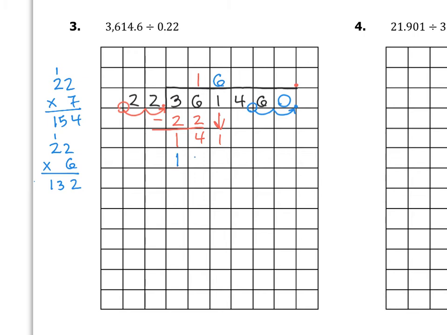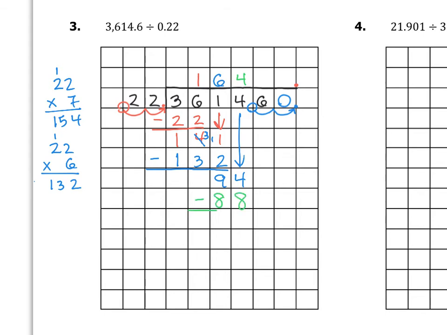So that's what I'll subtract here. When I subtract those numbers, I get a 9, and so now I'll bring down my 4, and now I'm going to take 22 into 94. 22 will go into 94 4 whole times. 4 times 22 is 88.